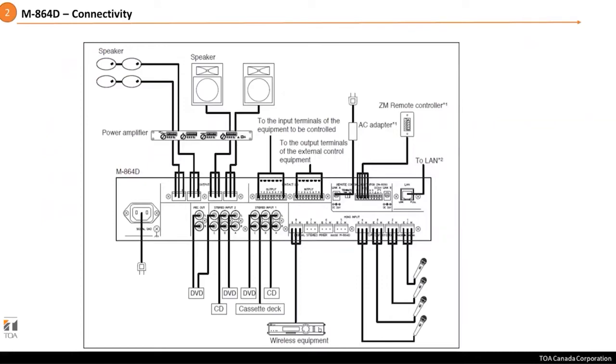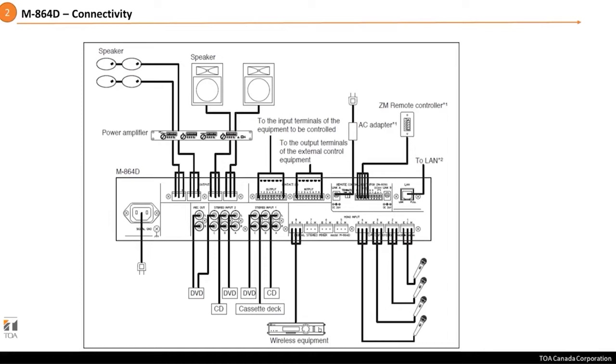So, a diagram here about the connectivity of the device. We will see at the bottom the stereo device connected to the mixer. So we see a DVD player, CD player, could be also a streamer, an iPod. Any stereo device will connect with the regular RCA input jacks that are available to us.